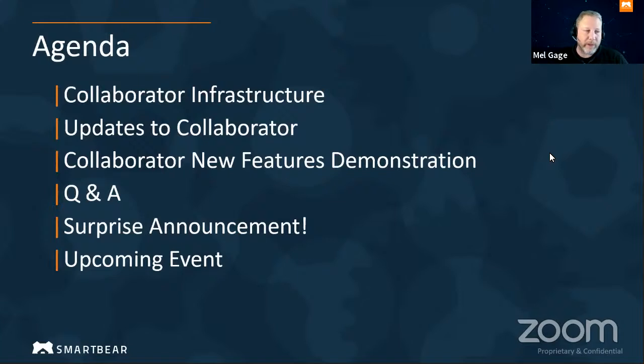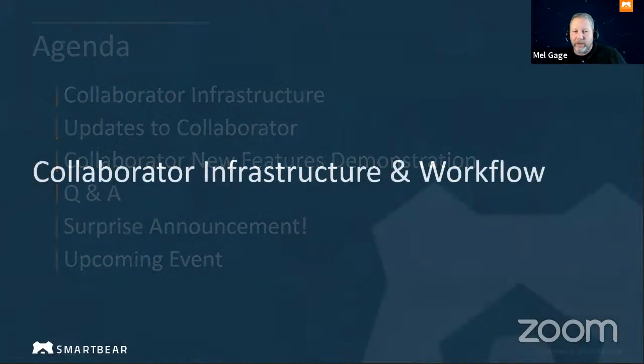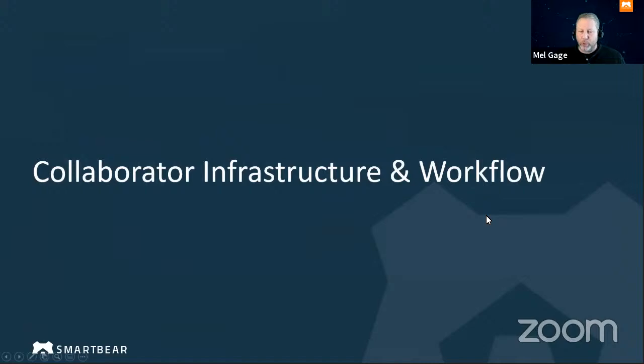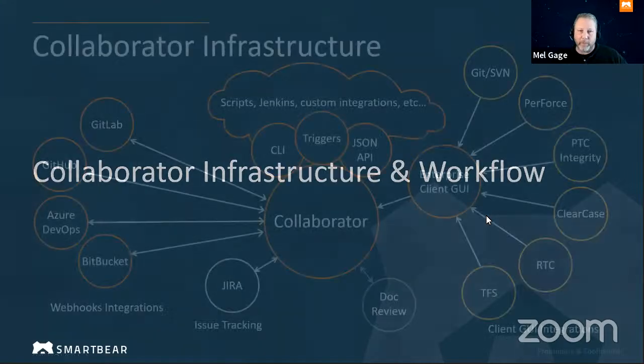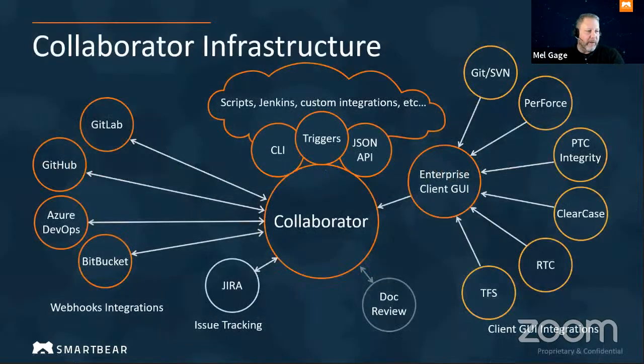And we'll go ahead and step into our first topic for today, the Collaborator infrastructure. So Collaborator is a peer review tool for code and document review. It sits in the middle of a very wide infrastructure. We tie in with webhooks integrations into many of the Git repository systems, such as GitLab, GitHub, Azure DevOps, and Bitbucket.